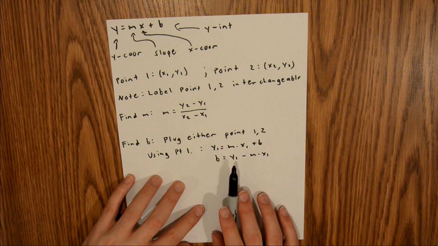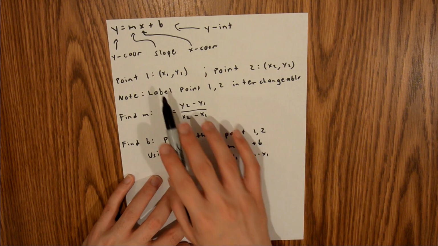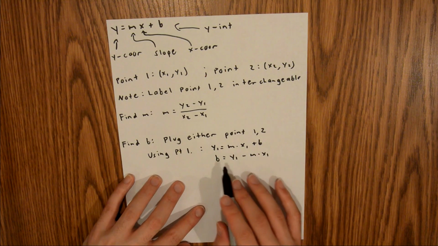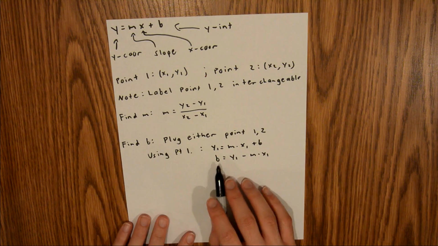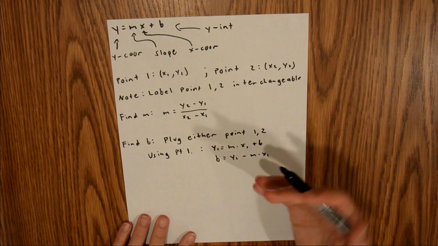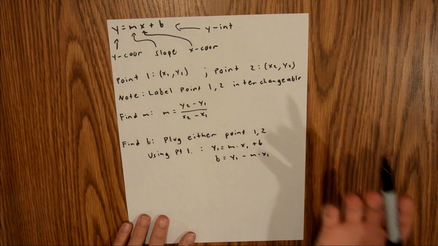And if you look here, y1 and x1 you're given in the problem since you're given point 1, and m you just found right here. So you have everything you need to find your y-intercept, and that'll allow you to plug in your slope and y-intercept into this generic equation, and that'll give you the equation for the line that passes through these 2 points.